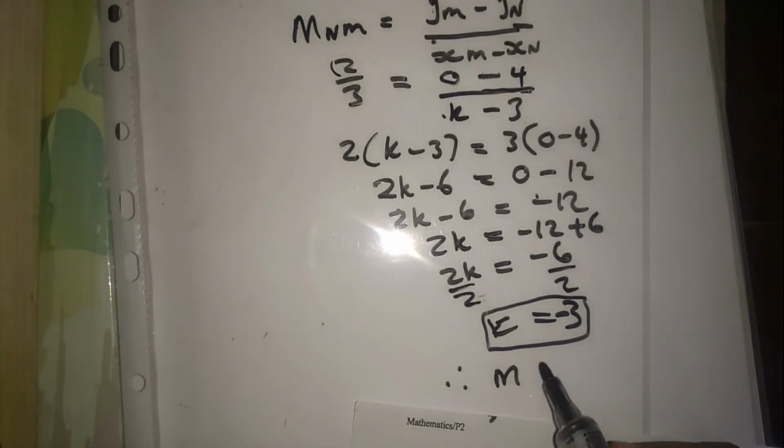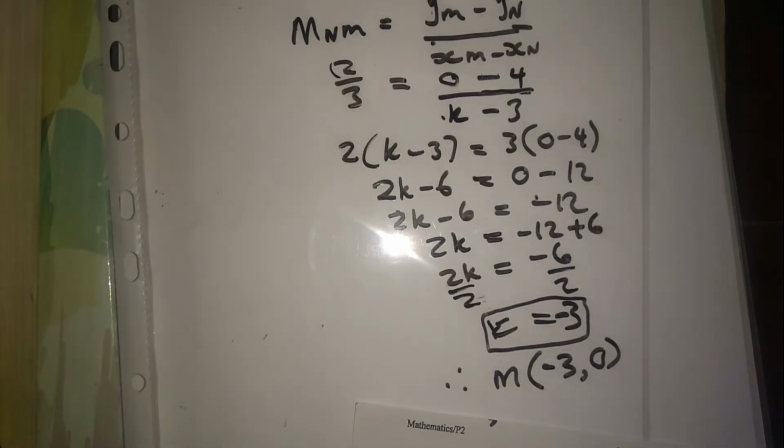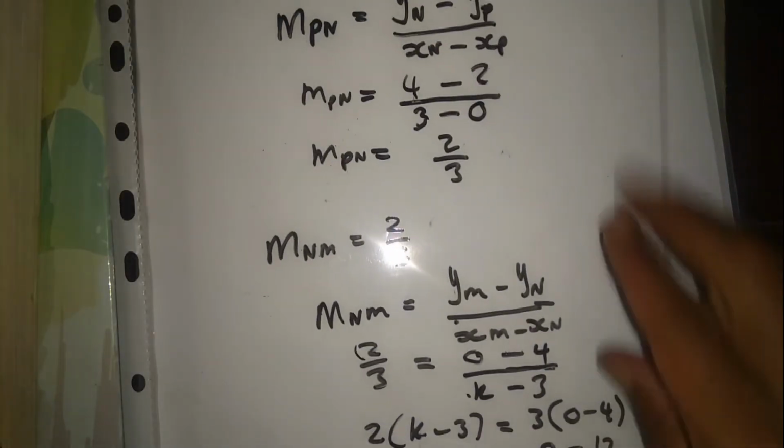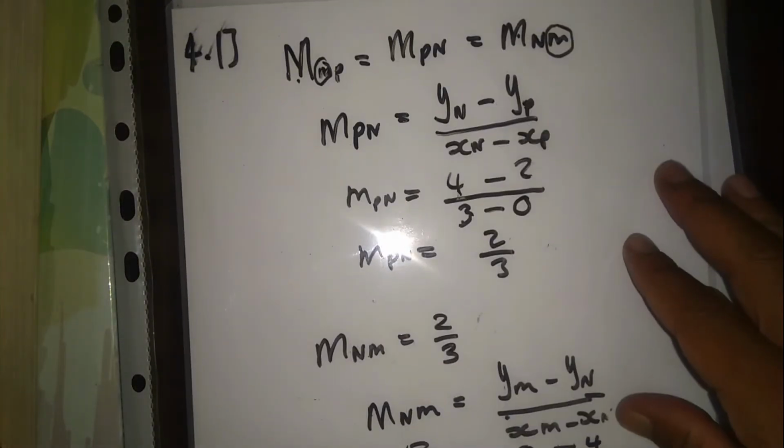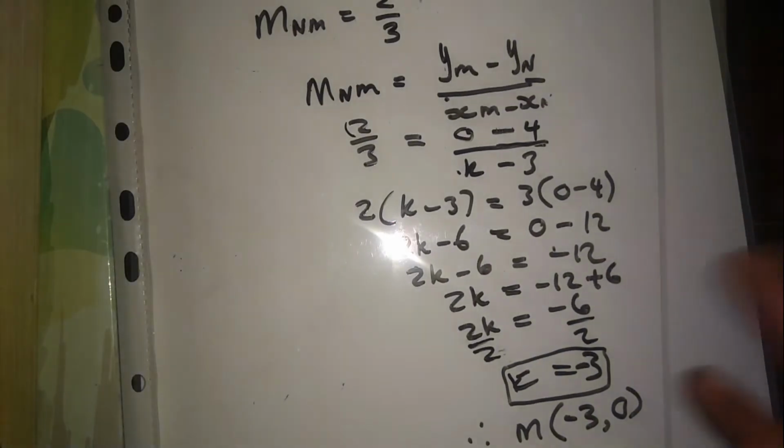Therefore, the coordinates of M are minus 3 and 0. Three marks for all of this, not fair, but I think it's the calculation that makes it long. Now the second question, 4.2: calculate the size of theta. Calculate this angle, in other words.